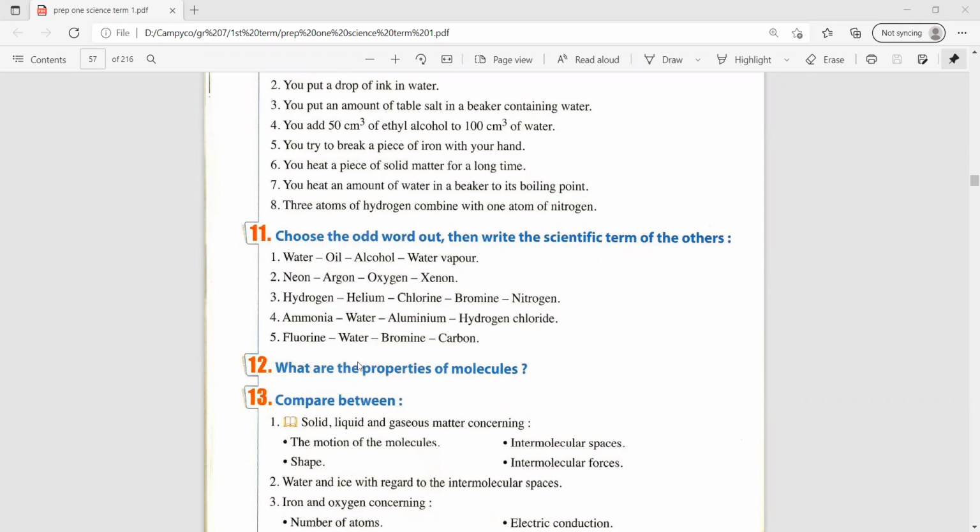Number 5. Water, bromine, carbon. The others are gases? Really? The bromine is liquid.